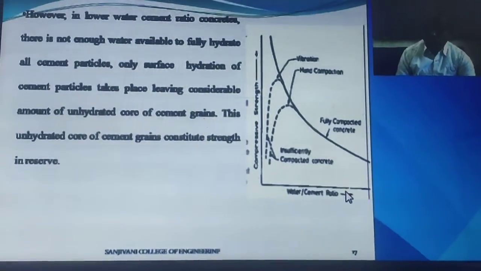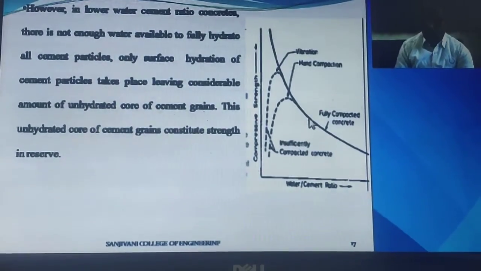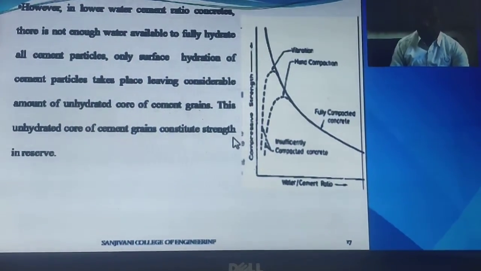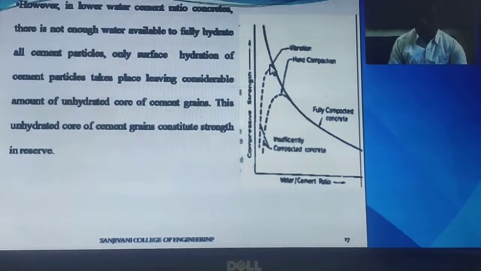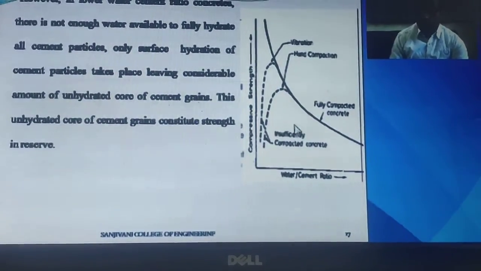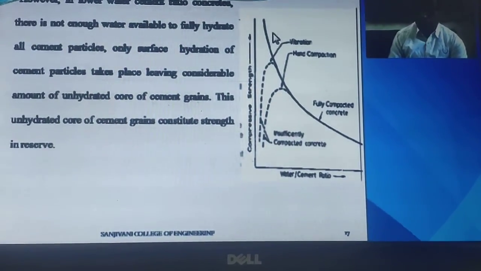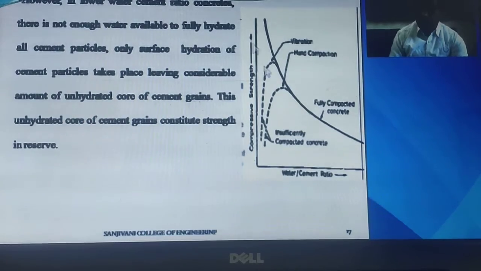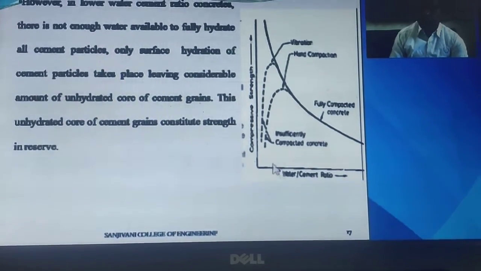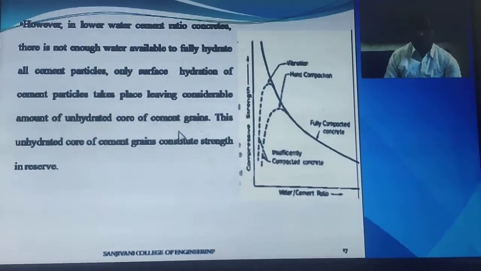As the water cement ratio increases, its compressive strength decreases. These two are the curves when using the vibrator and hand compaction for compacting the concrete. Hence from this figure it is understood that you will get the maximum compressive strength when the water content or water cement ratio is less.